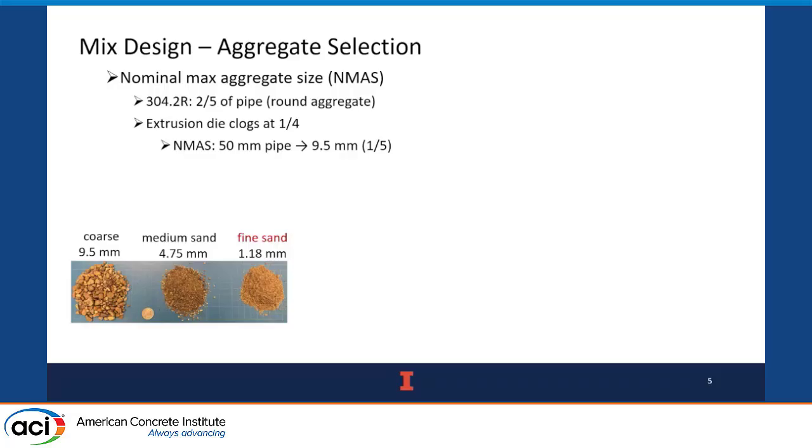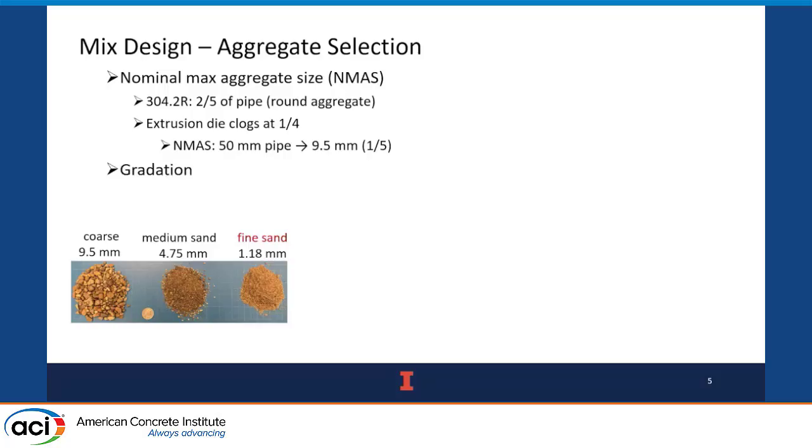For us, and you'll see this set up in a minute, when we tried to extrude our 3D printed concrete through a die with a ram extrusion, we saw that anything above 1/4, we started to get clogging every time we did the test. Where once we went below this 1/4 and we settled on a 9.5 millimeter aggregate, we never saw clogging unless it was a really just not good mix.